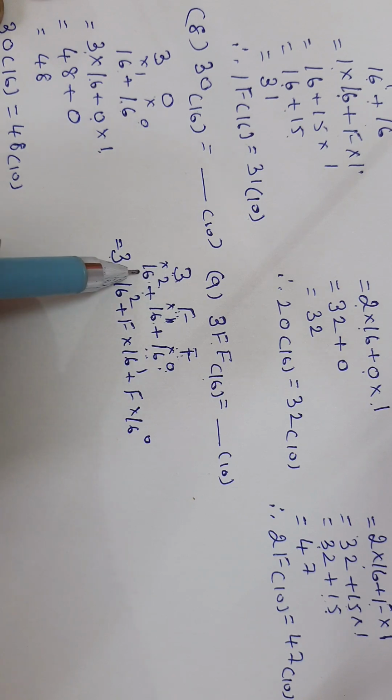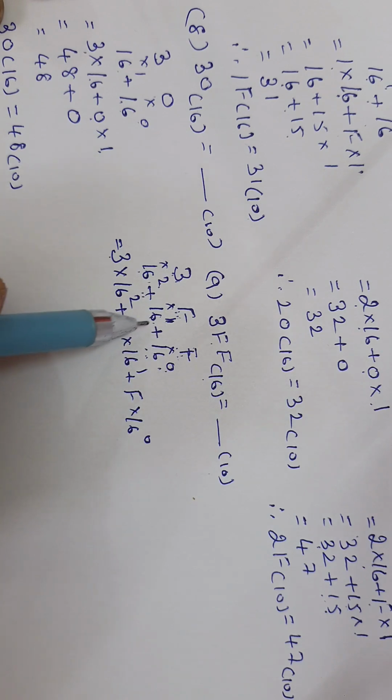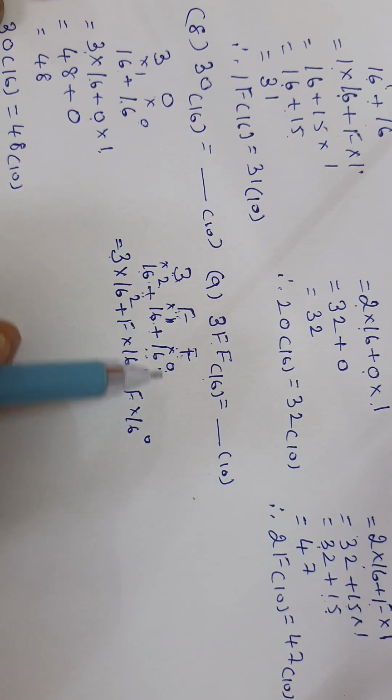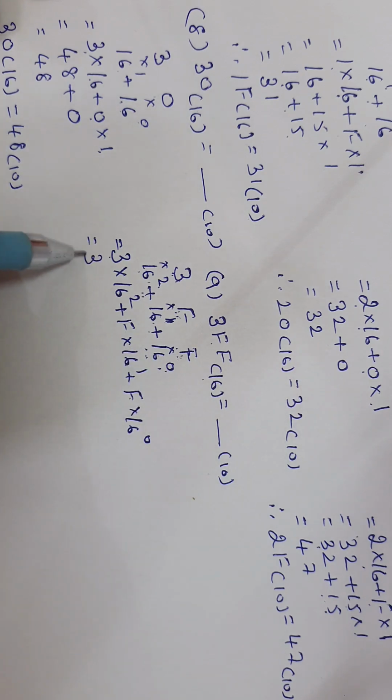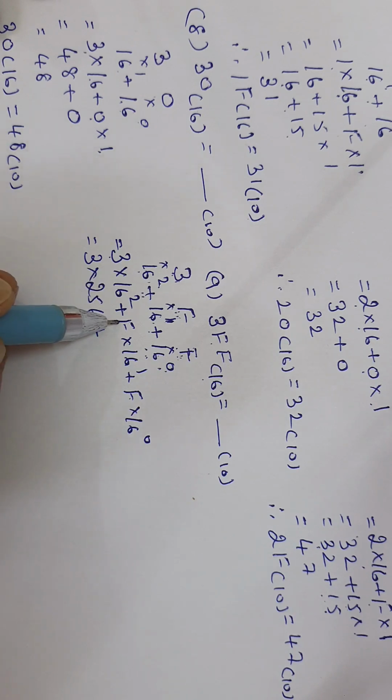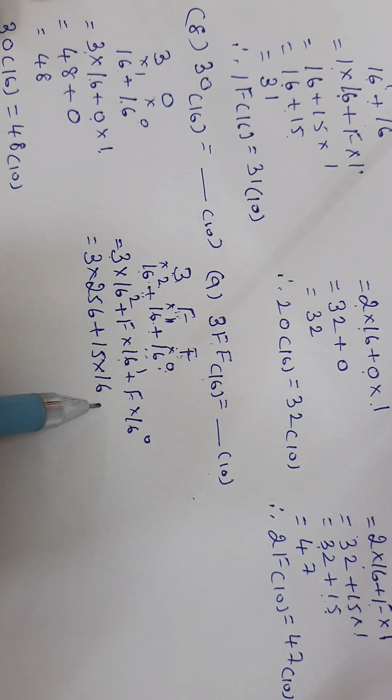So 3 into 16 raised to square here plus f into 16 raised to 1, that is here, plus f into 16 raised to 0. 3 into 16 square means 256 plus f means already we know that it is 15 into 16 raised to 1 is 16 plus f means 15 in decimal. Then 16 raised to 0 is 1.